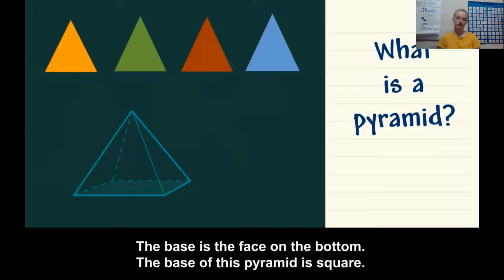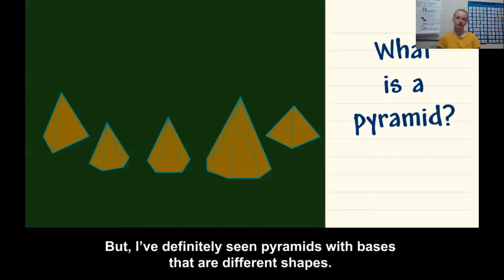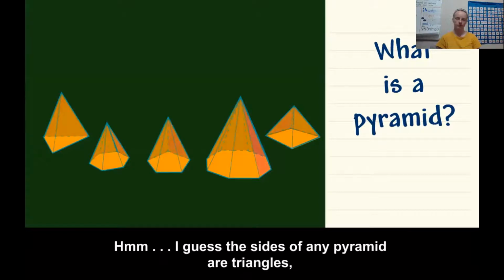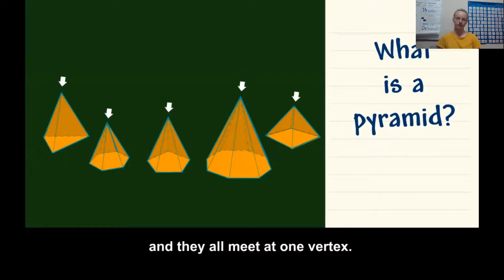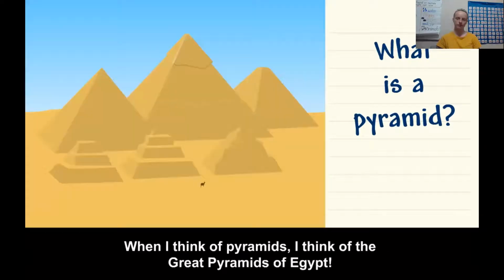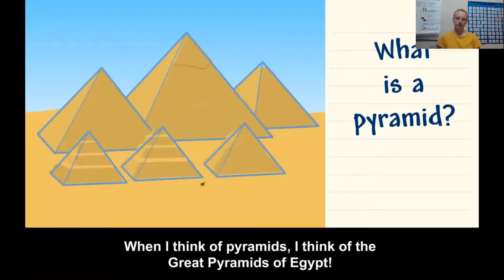The base of this pyramid is square. But I've definitely seen pyramids with bases that are different shapes. I guess the sides of any pyramid are triangles, and they all meet at one vertex. When I think of pyramids, I think of the Great Pyramids of Egypt.